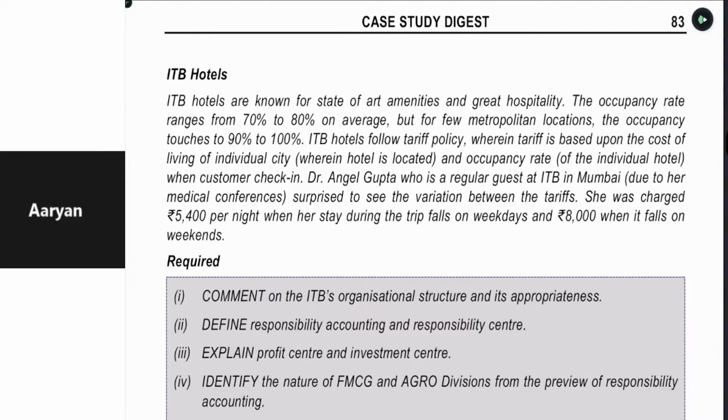But for a regular customer like Angel Gupta, some consideration should be given, that our regular customer should be charged the same price irrespective of whether they are in the hotel on weekdays or weekend. Otherwise, the pricing charged by the hotel is very, very logical. Differential pricing, different price for different cities. And the second one, the peak load pricing policy, is also applicable.